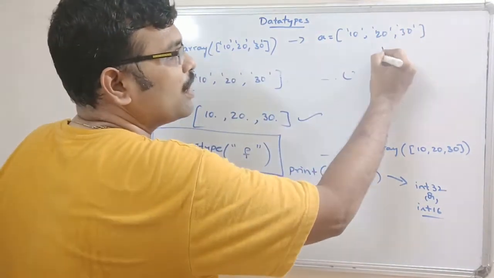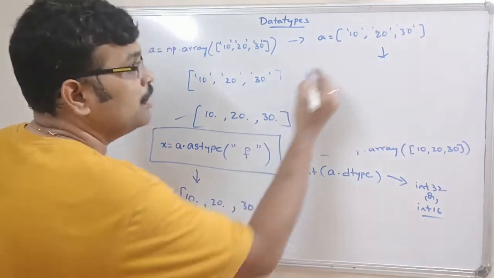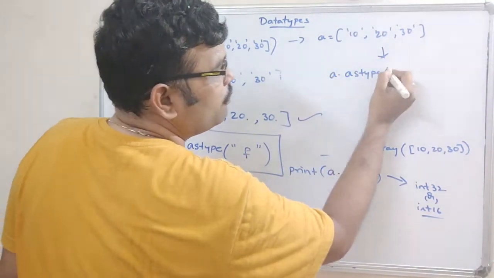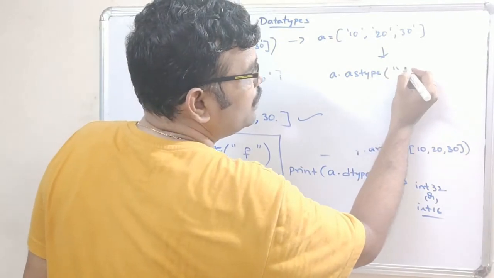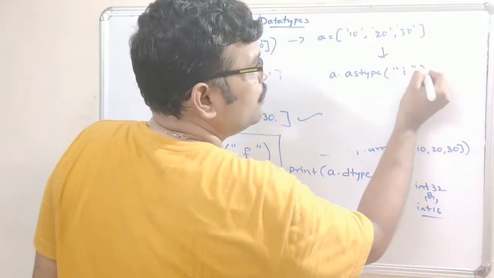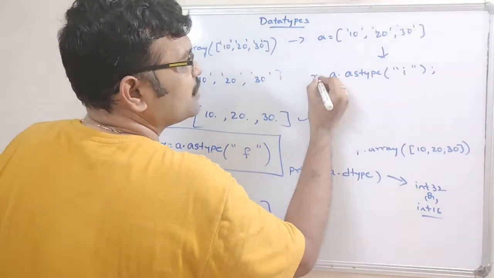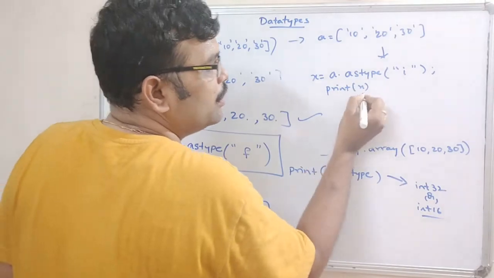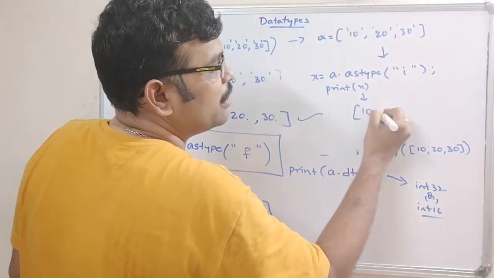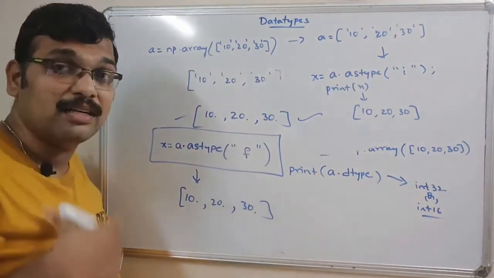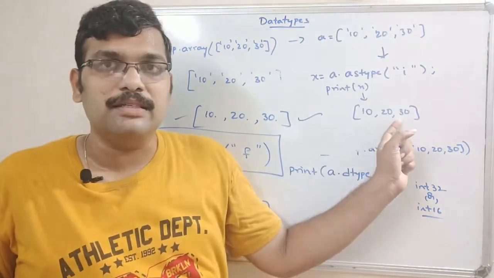Now if you are converting this, A dot astype of, if you want to convert it into integer, you can place I or int. So if you place that, x is equal to, and if you simply print x, automatically it will give the numerical elements. That means all the unit string characters will be converted into integers.